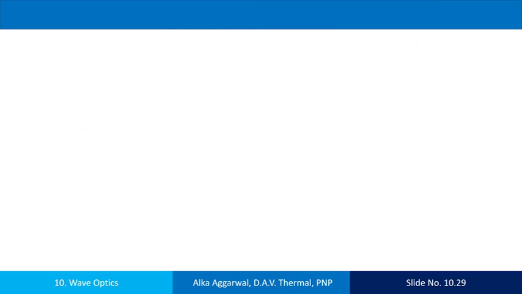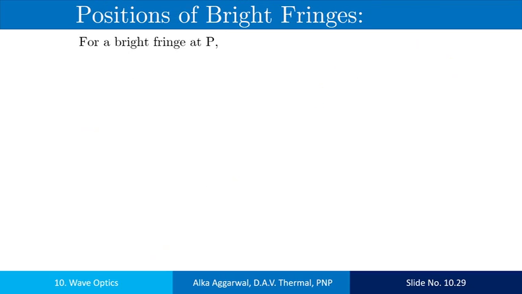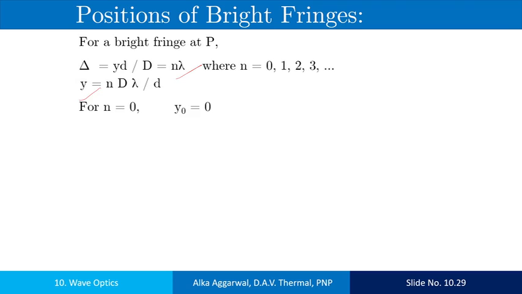For the bright fringe, we put the path difference equal to n lambda. So the position y is equal to n D lambda by d. The center fringe is obtained at 0 distance, from here.